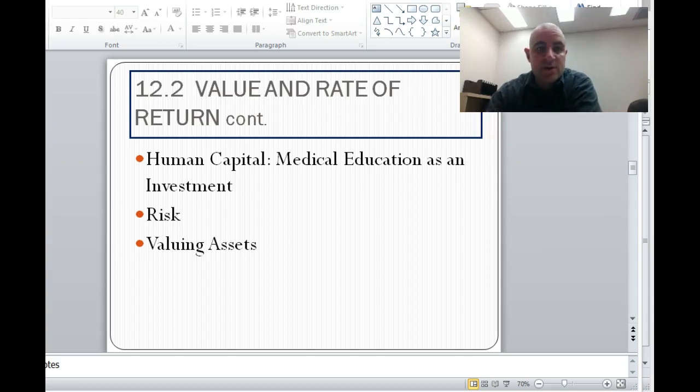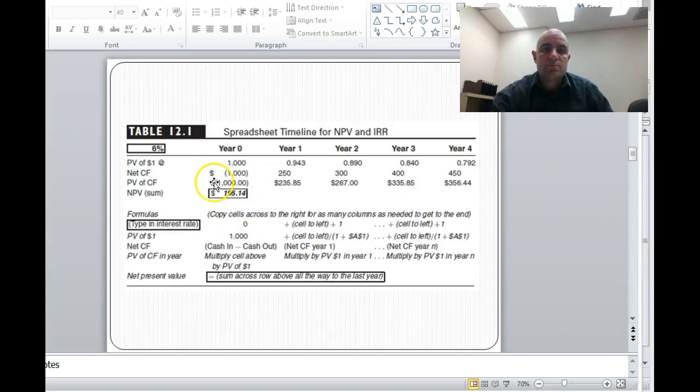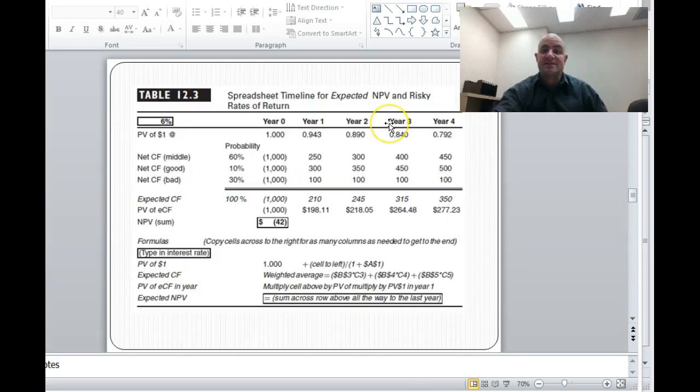The other thing we need to look at here is the idea of uncertainty. When we did our original example, we showed that in year 1 you're going to get 250, year 2 300, then 400, 450. But in reality, those are just guesses.